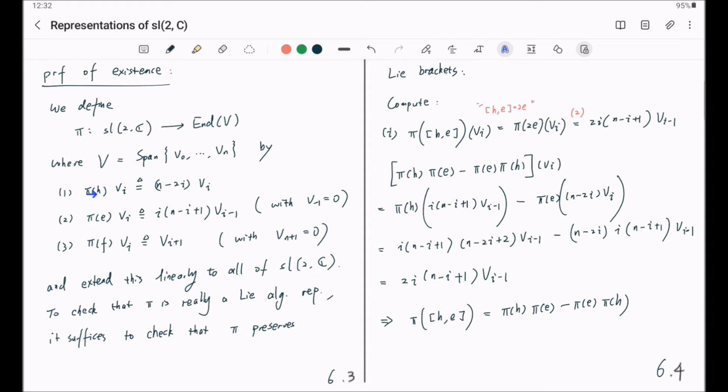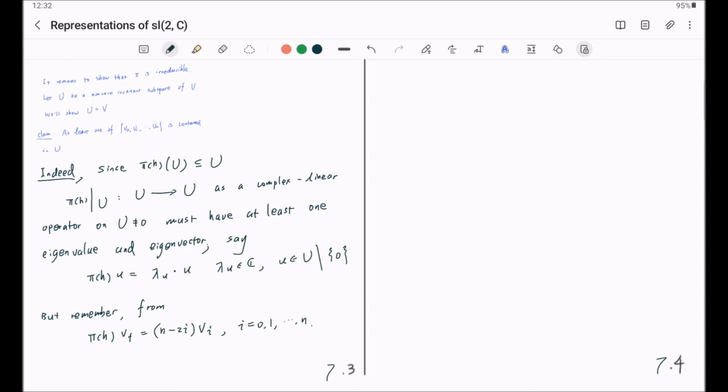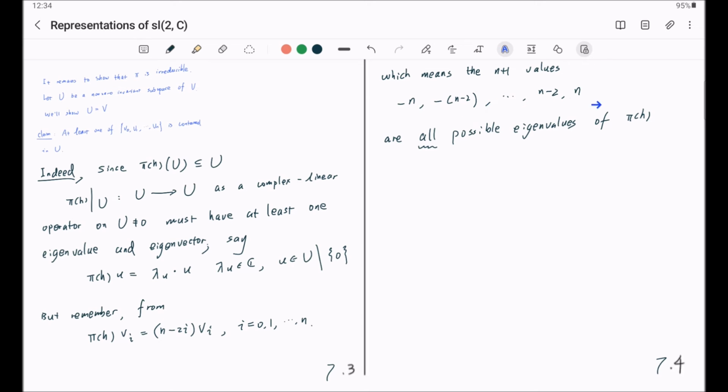This is our definition for pi of h, which means the n plus 1 values, negative n, negative n plus 2, all the way to positive n minus 2, n, are all possible eigenvalues of pi of h. These are the only possible eigenvalues for pi of h.